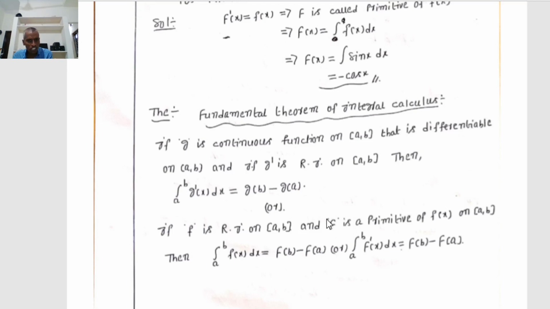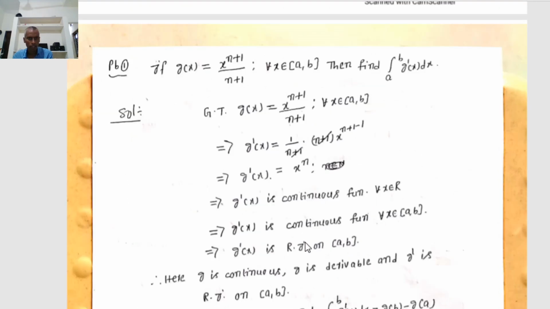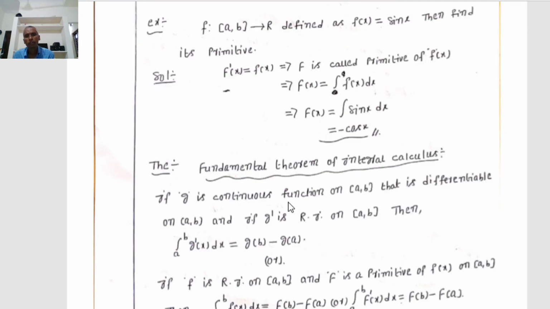Because g is a primitive of f(x), that means g'(x) equals f(x). So the integration from a to b of g'(x) dx equals g(b) minus g(a). Both are equal. These are the statements of the fundamental theorem of integral calculus.